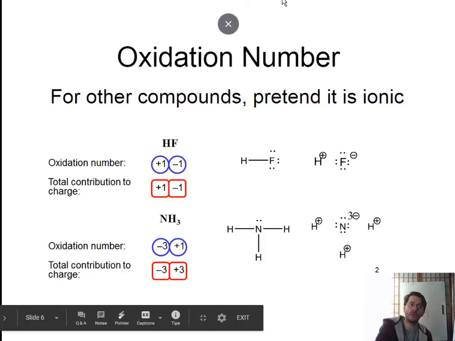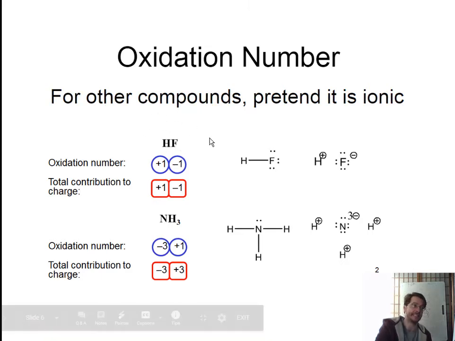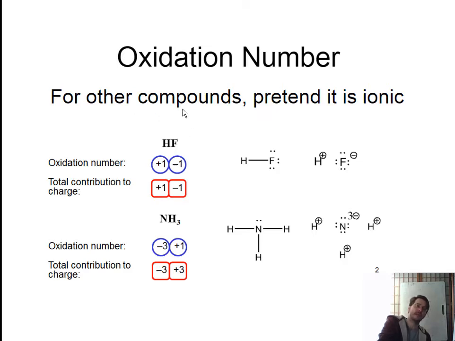HF, again, we can pretend it's ionic, even though HF is not ionic. It's a gas. Ionic compounds are not gases. We can pretend that the fluorine has a -1 charge, an oxidation number of -1, and we can talk about the hydrogen has an oxidation number of +1. Together, the total charge is 0. The total oxidation number count is 0. Right? And this plays out in the chemistry of the species as well.